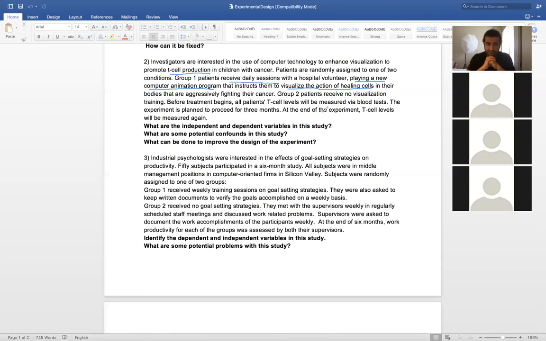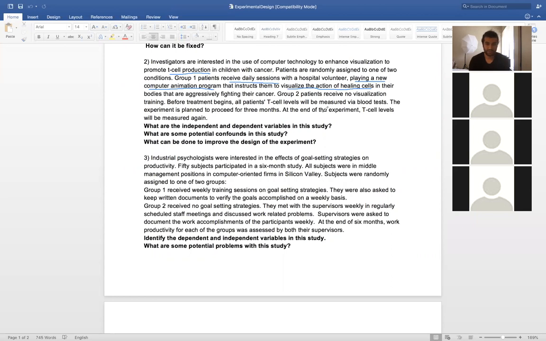So now let's try and answer the third question: what is the confound variable? What can be done to improve the design of the experiment? Or in other words, what is the problem with this experiment?